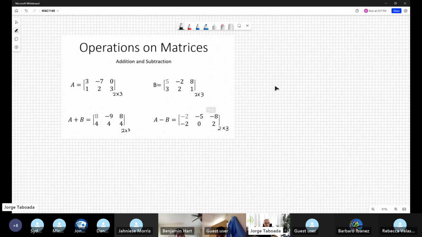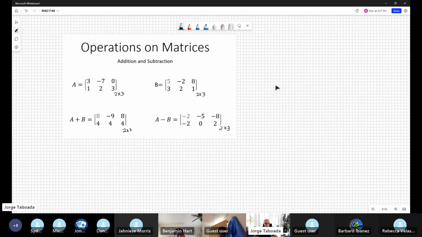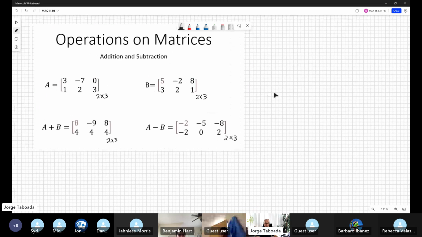Suppose one elementary example. Suppose you have two matrices, A and B. By the way, both are the same dimension, 2 by 3: we have two rows and three columns. And B is exactly the same, different numbers inside, of course. Now, when you add or subtract, it's super easy, it's elementary.